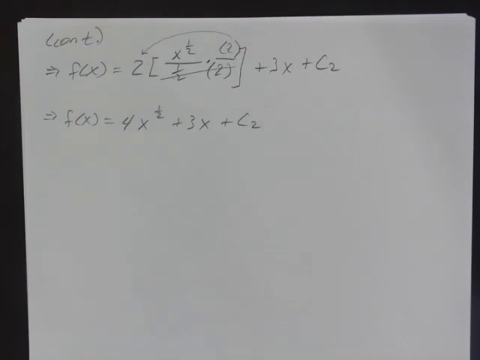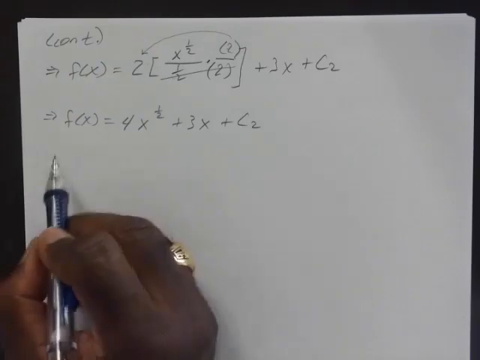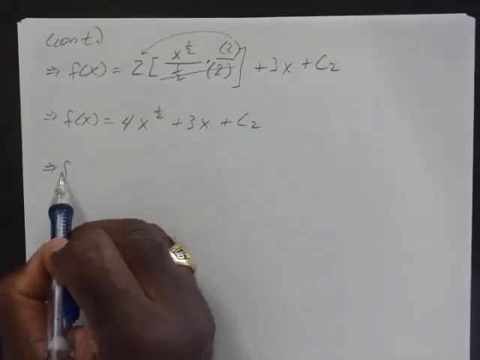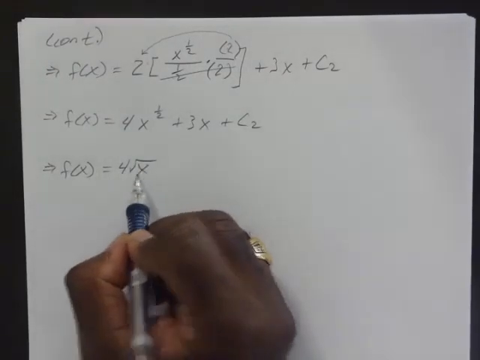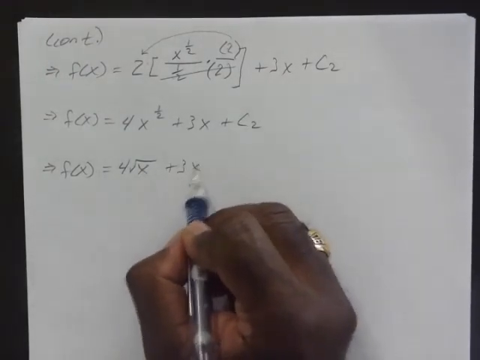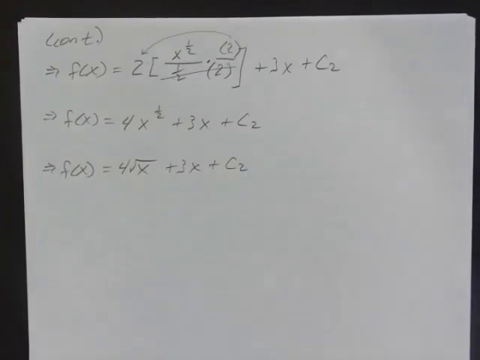Or instead of x to the 1/2 power, you can write it as square root of x, which might be a little bit easier. So 4 times square root of x plus 3x plus our constant number 2.